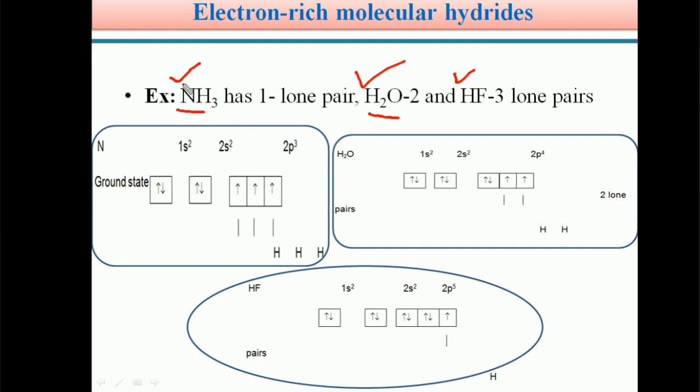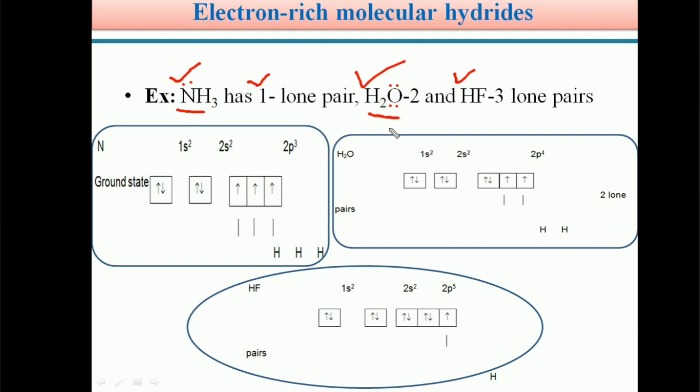So students, we know ammonia. In ammonia molecule, one lone pair is present on nitrogen atom. In case of water molecule, there are two lone pairs of electrons present on the oxygen atom.